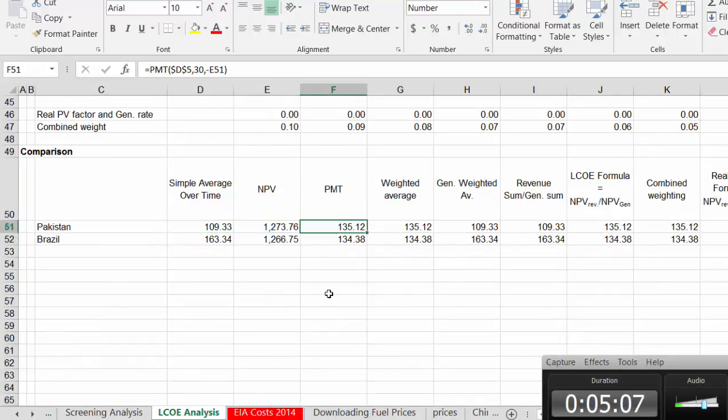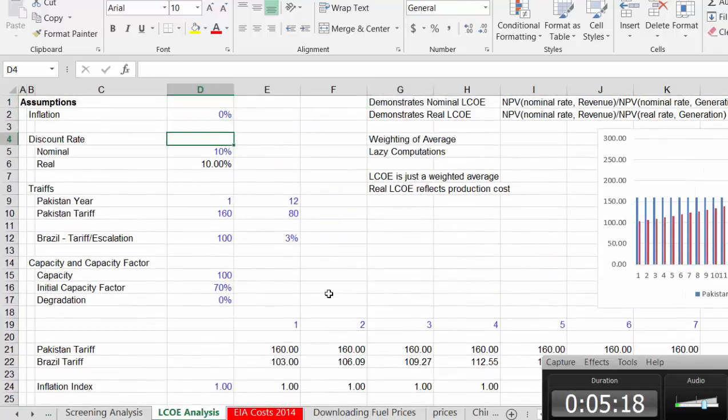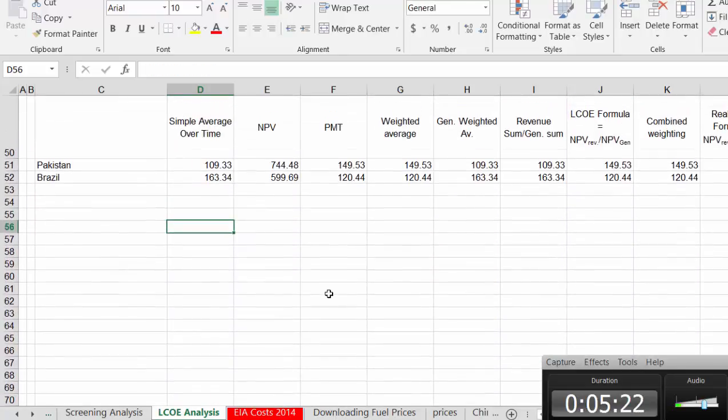But when we include a discount rate, the simple average is less for Pakistan, higher than Brazil, but it switches around. If we had a higher discount rate, the switch would be much bigger because we're weighting the current ones much more than the older ones.